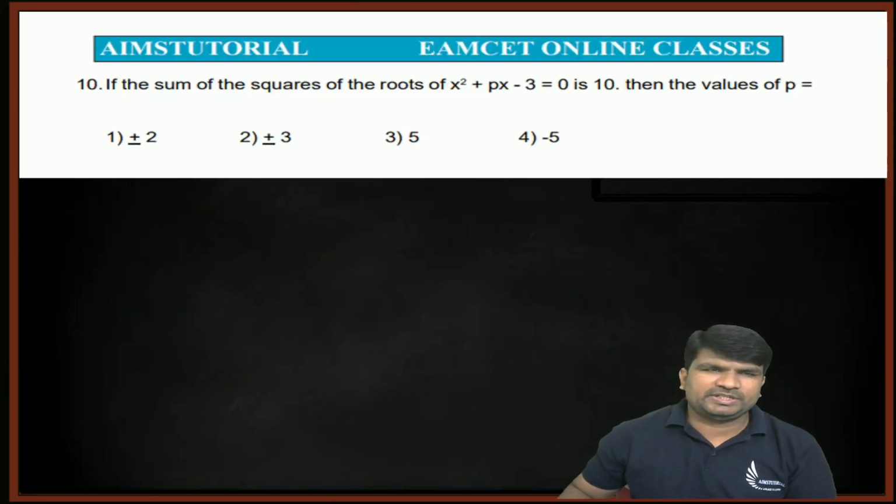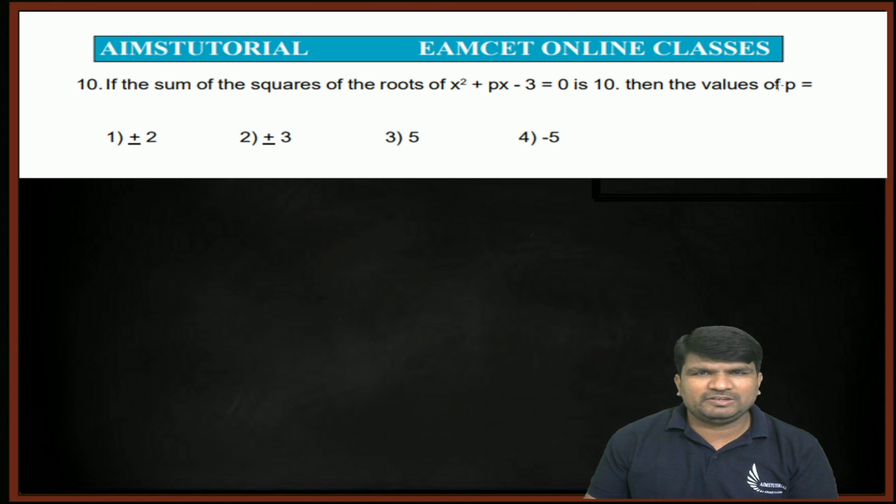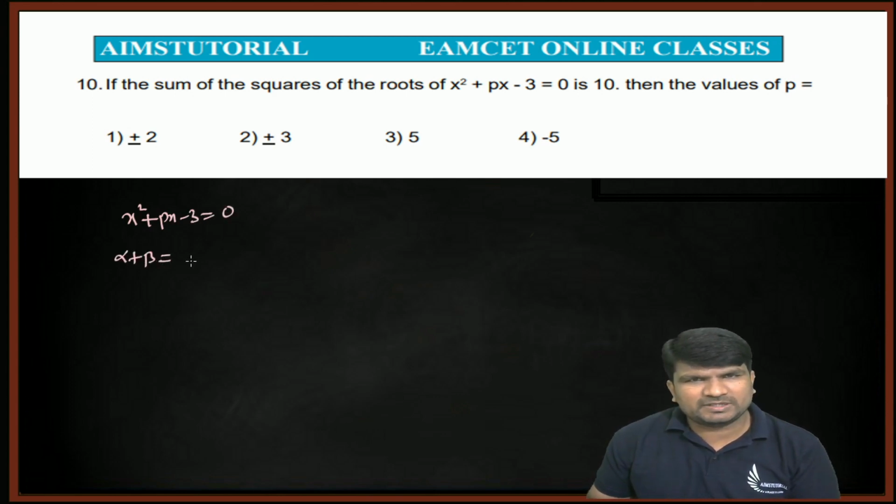Now next question is, if the sum of the squares of the roots is 10, then find the value of p. So first write down the given equation, x square plus px minus 3 equals 0. So alpha plus beta, sum of the roots is minus p by 1. And alpha into beta, product of the roots is c by a, that is minus 3.